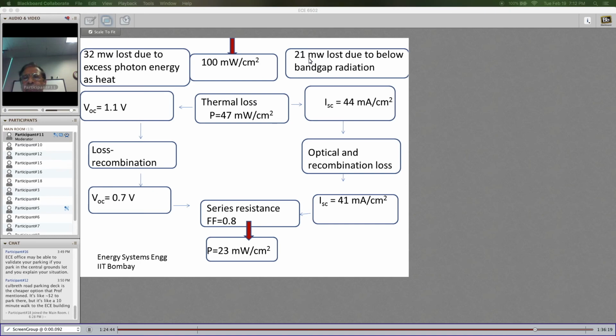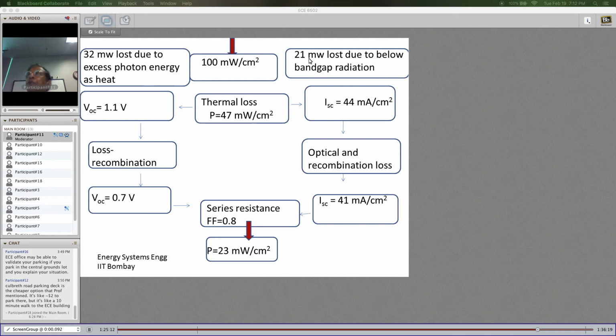If you have 47 milliwatt, in the ideal case, that should produce about 44 milliamp per centimeter square of current density from silicon. So the 47 milliwatt of light available for power conversion will produce 44 milliamp per centimeter square.